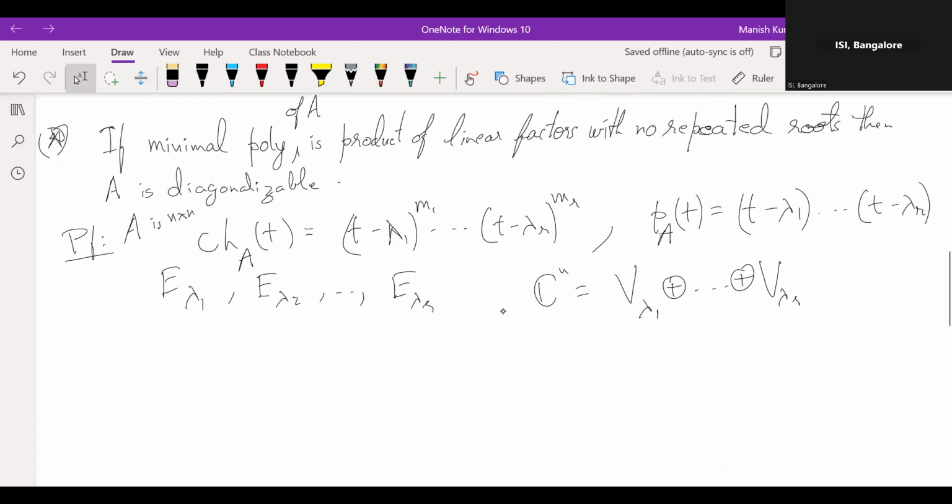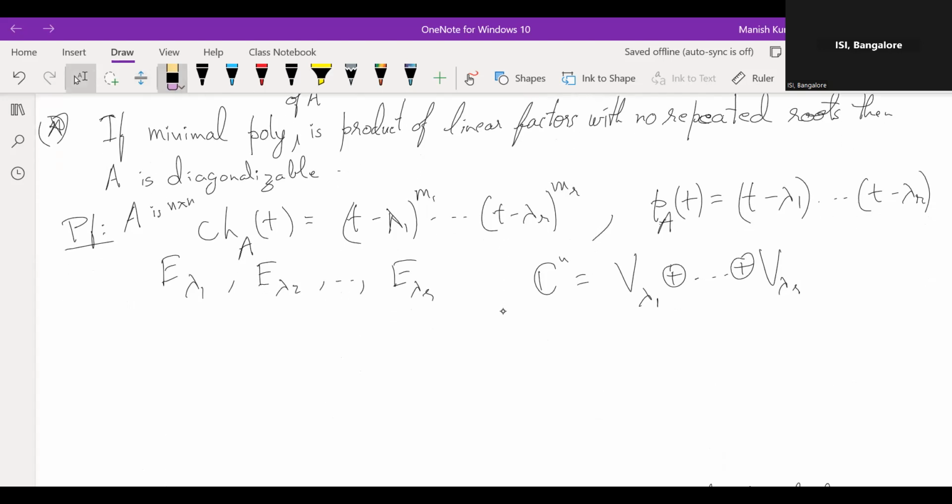So let's discuss it. These are generalized eigenspaces. So there may be more.